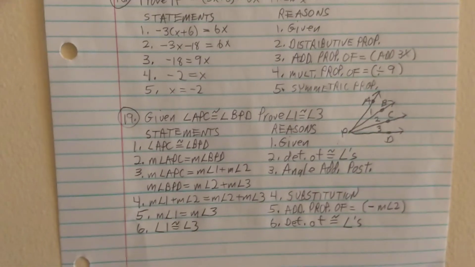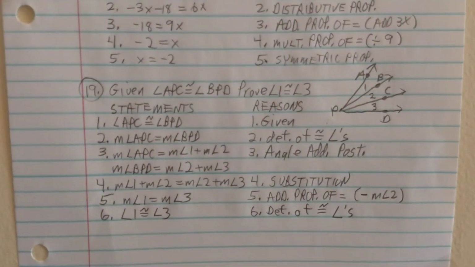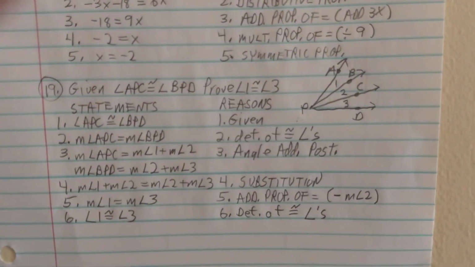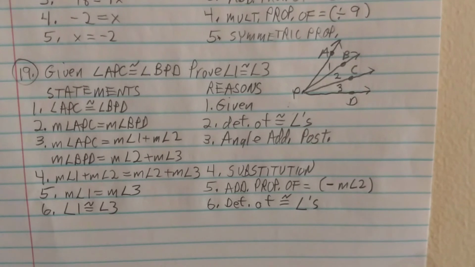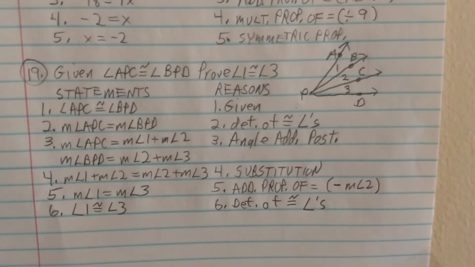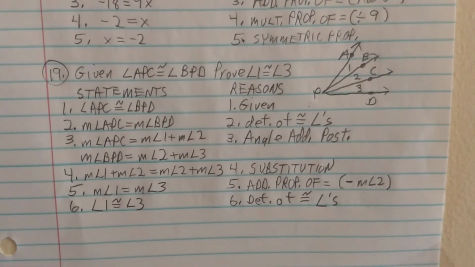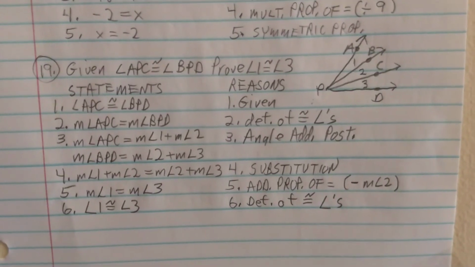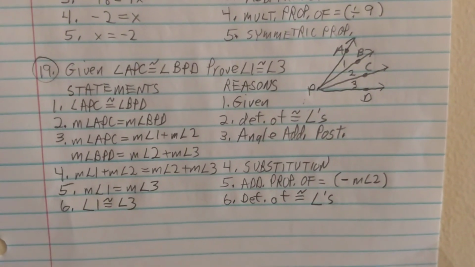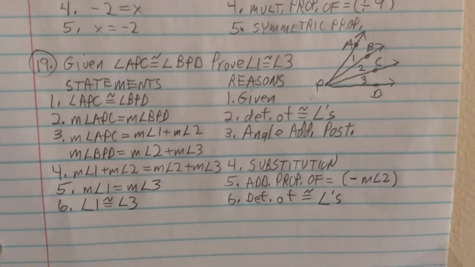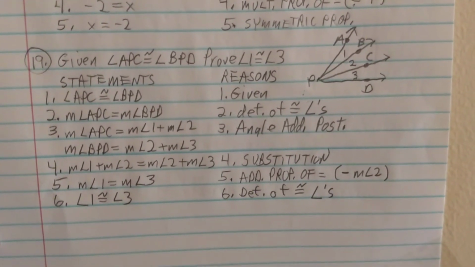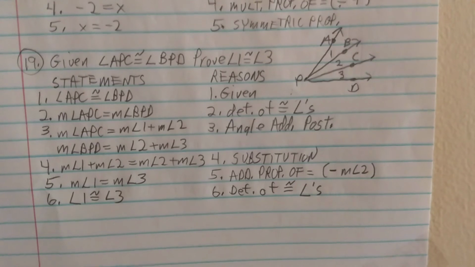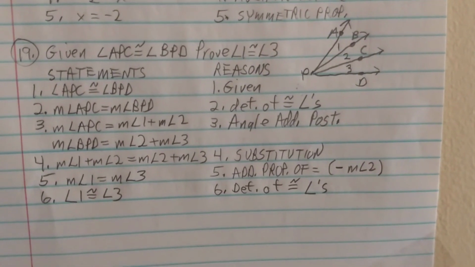And then the last proof, given our picture, given angle APC is congruent to BPD, prove angle 1 is congruent to angle 3. So statements and reasons. Angle APC is congruent to angle BPD, given. The measure of angle APC is equal to the measure of angle BPD, definition of congruent angles.